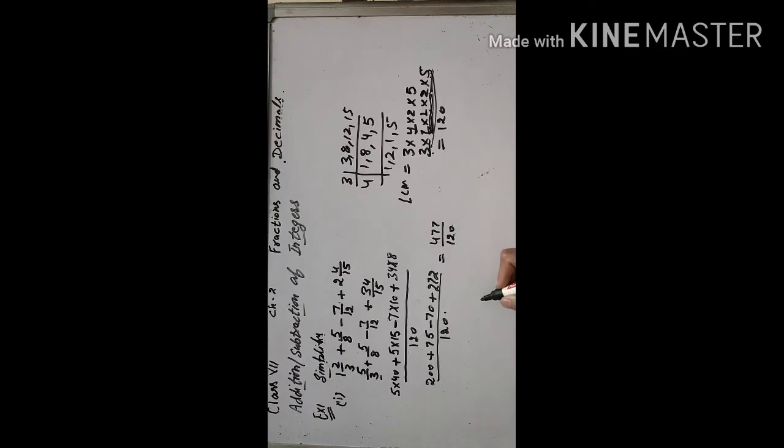Dividing by 3: 3 4s are 12, 3 1s are 3, 3 5s are 15, 3 9s are 57. That is equal to 159/40. When we convert it into a mixed fraction, it becomes 3 39/40.